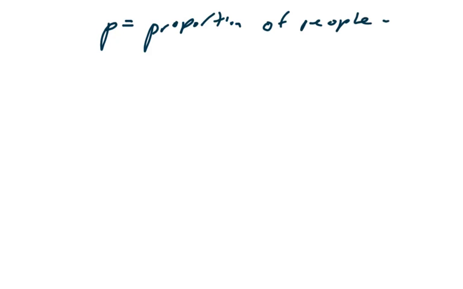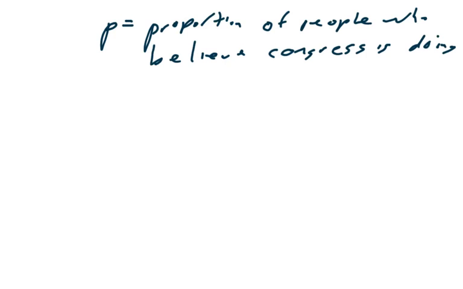Okay, for problem number 2, this time we're talking about 12% believe that Congress is doing a good job. So in this case, P is going to equal the proportion of people who believe Congress is doing a good job.